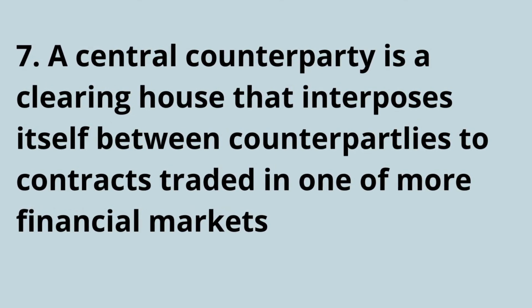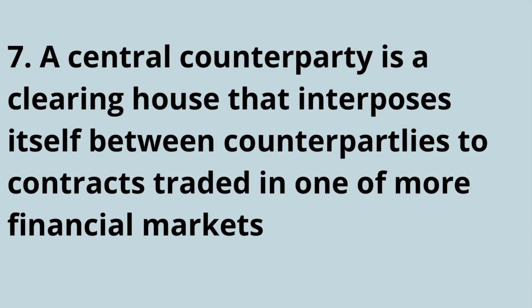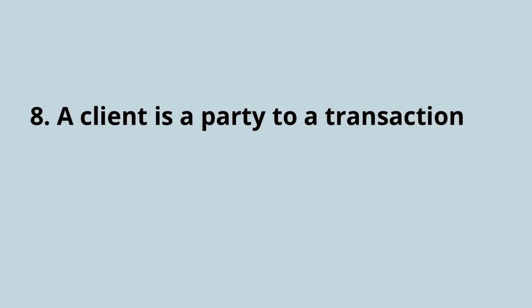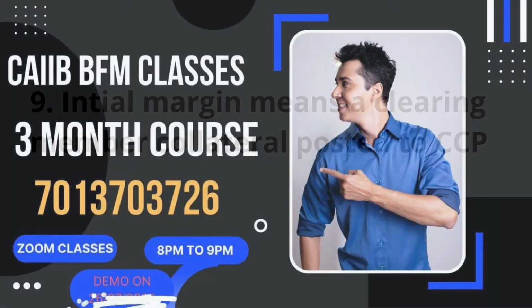It is a clearing house that interposes itself between counterparties to contracts traded in one or more financial markets. A client is a party to a transaction. Ninth one, initial margin means a clearing member collateral posted to the central counterparty, that is CCP.